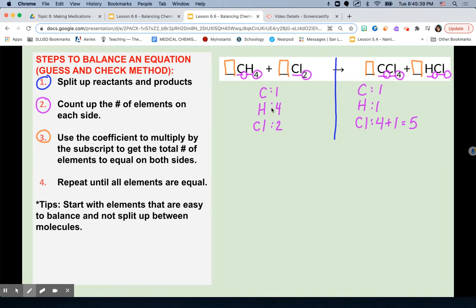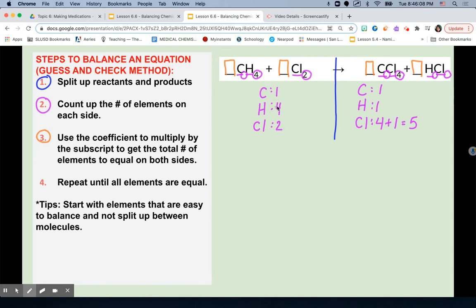But H, however, H is in just one molecule before the arrow, or on the reactant side. H is also in just one molecule after. So I'm going to pick H to balance, or make the same on both sides, first. So I'm always going to start with the side that has fewer H's, and I'm going to continually add more.